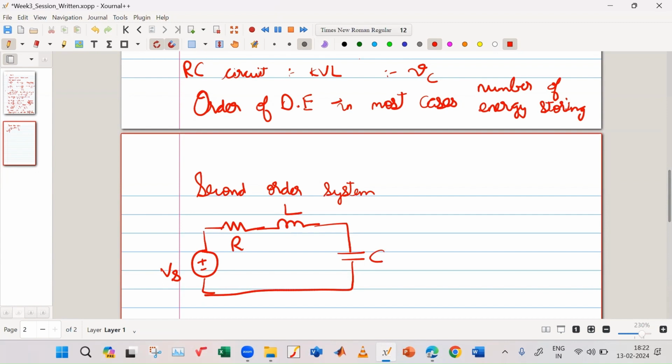So this is my second order system. All right, so I will write the voltage across the capacitor, I will denote it by VC. I will denote the current through the inductor by IL. And then I will write the equations.